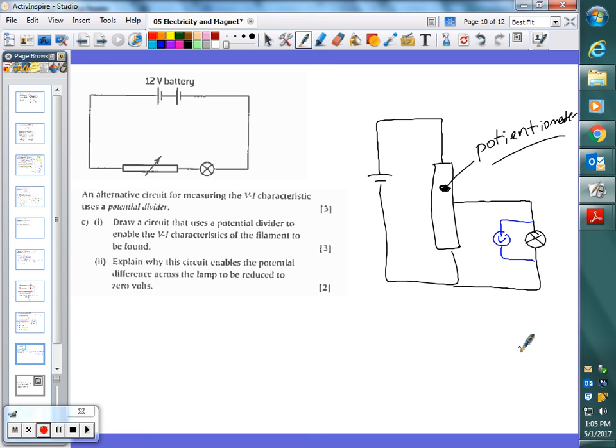That's really the only way that you can make the potential difference 0 across a component, if there's no current flowing through it. And the only way you can cut the current off is if you don't allow the current to flow through that part of the circuit. So the potential divider, or the potentiometer, just allows the current to flow through this portion of the circuit, and it never gets over there. Right?